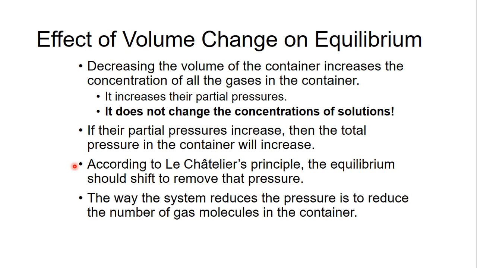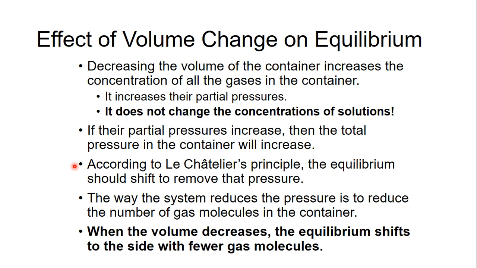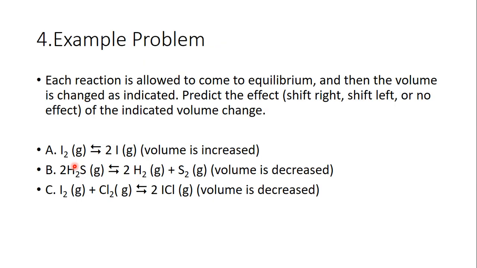The way to reduce pressure is to reduce the number of gas molecules. So if volume decreases, the equilibrium will shift to the side with fewer gas molecules, because decreasing the volume increases pressure, and we negate that by making fewer gas molecules.